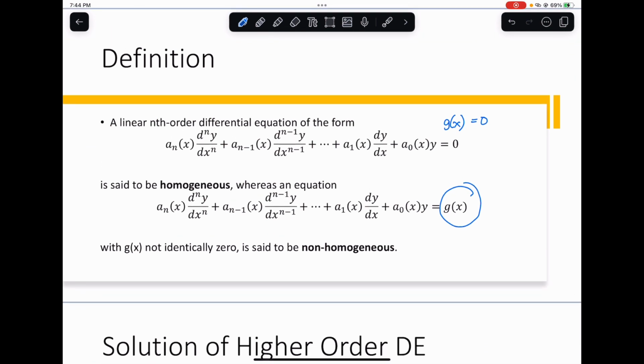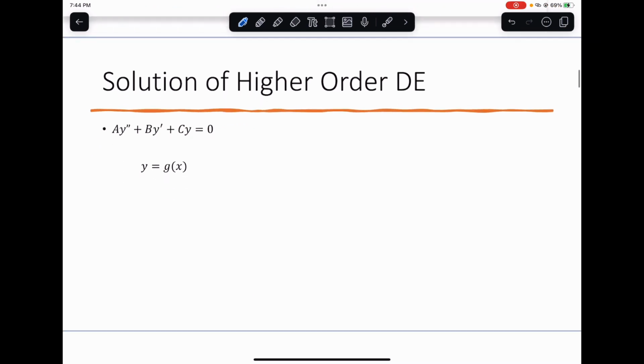Now, let's try to talk about the solution of a higher order differential equation. How do we verify whether a solution is a solution of the differential equation or not? It's the same thing as what we did for first order differential equations.